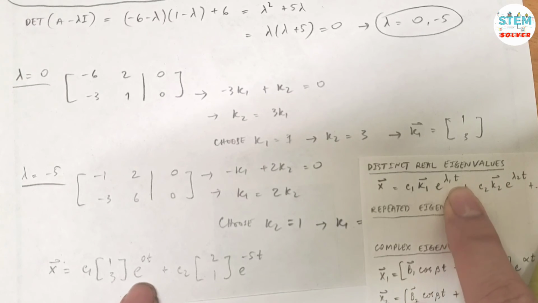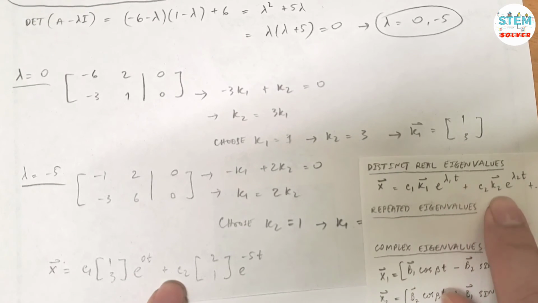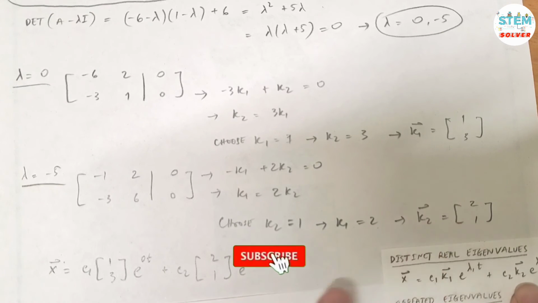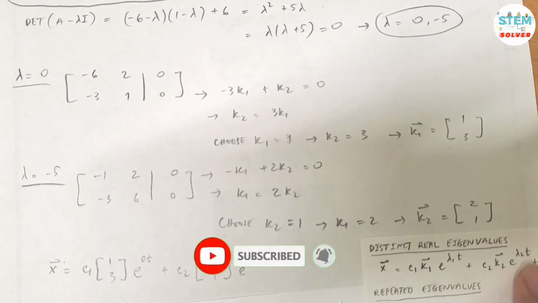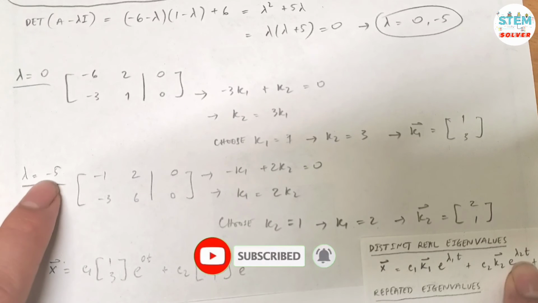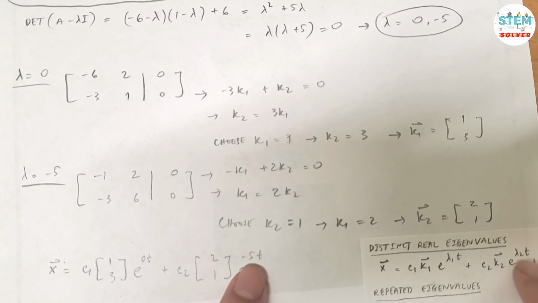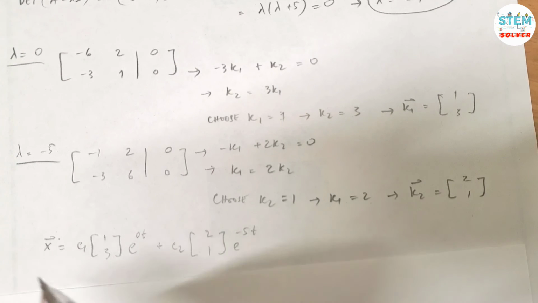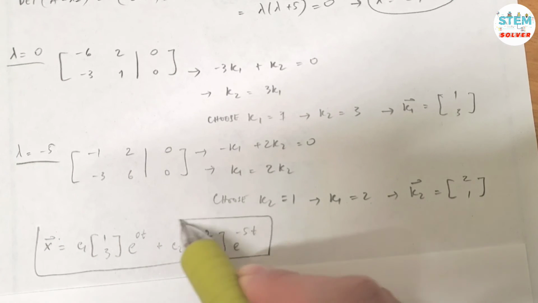Plus c2 times vector k2, which is (2, 1), times e to the lambda 2 t, and lambda 2 is -5, so you have e to the -5t. So this is your final solution.